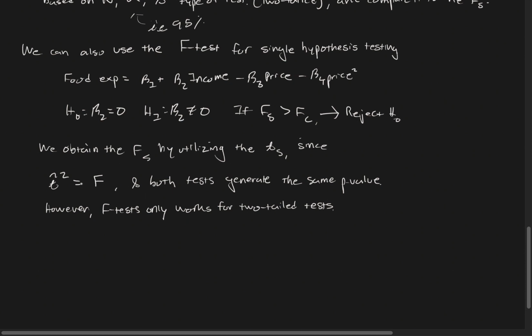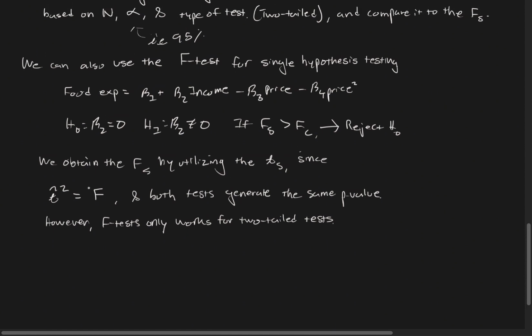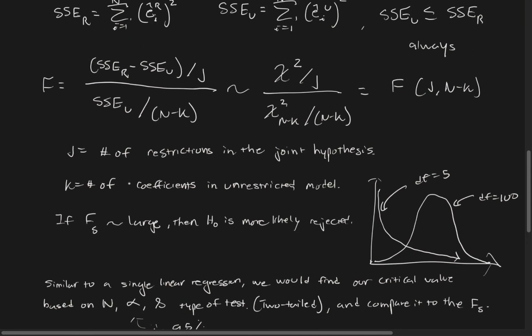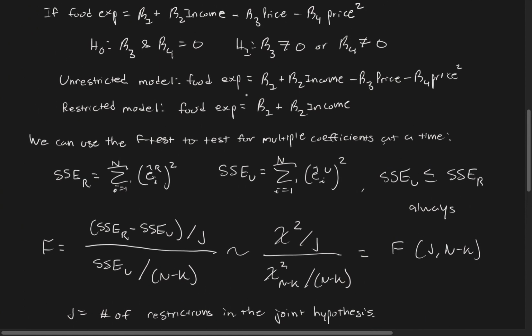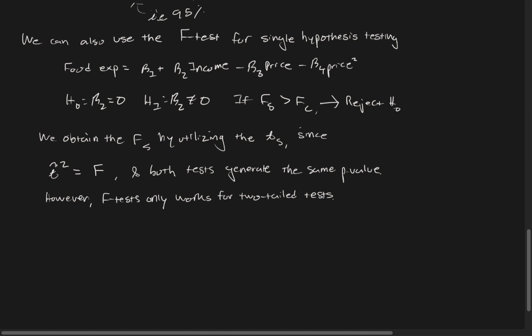That makes sense because in an F statistic test for joint hypothesis testing, we're only testing if the coefficients are significant or not, and so we have to square it as we see in the denotation here.